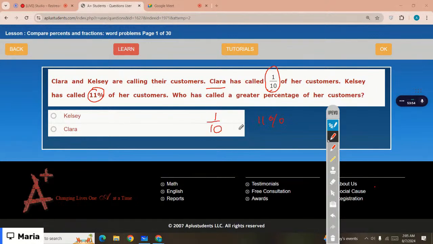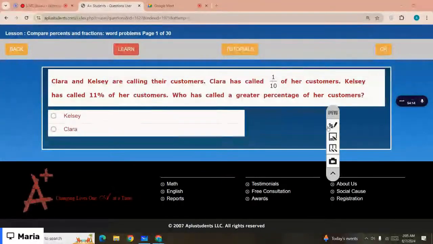So first you have to make them in the same form, right? So 1 out of 10, multiply it by 100, that equals 10%, right? So who called the greater, 11%? So that means Kelsey called a greater percentage of her customers. The correct option is Kelsey.